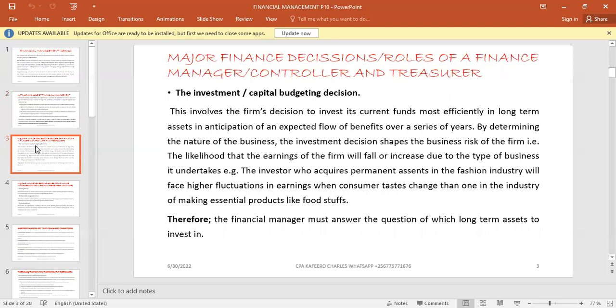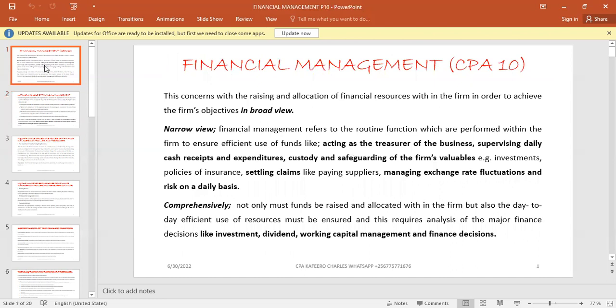So now let's go to some of the major finance decisions. We said in part 1, in the first slide, that to make sure we raise the funds well, we allocate the funds well, and we efficiently use or control that finance, we have to come up with some decisions.